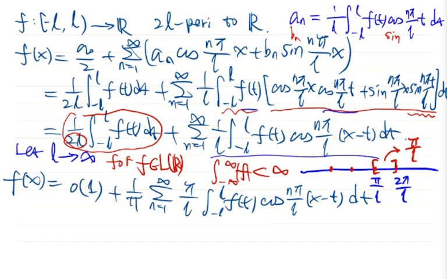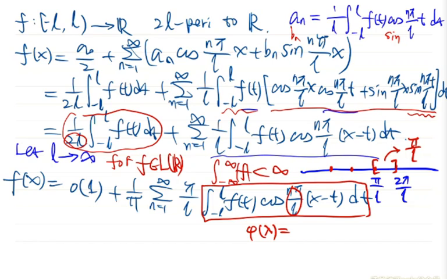Therefore, this can be considered as the value of this function, which is a new quantity, denoted by phi(lambda) equals the integral from minus L to L of f(t) cosine lambda(x minus t) dt.